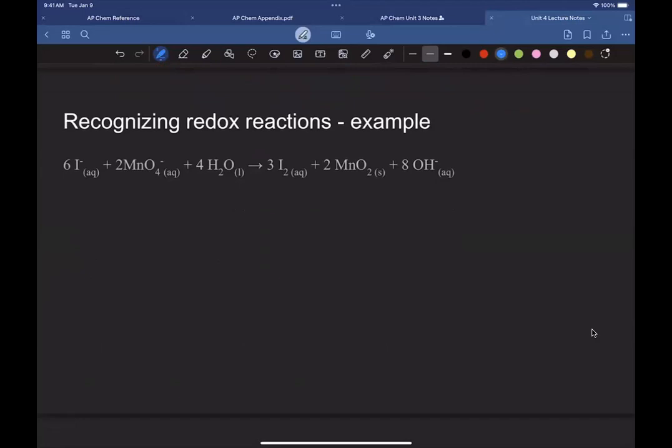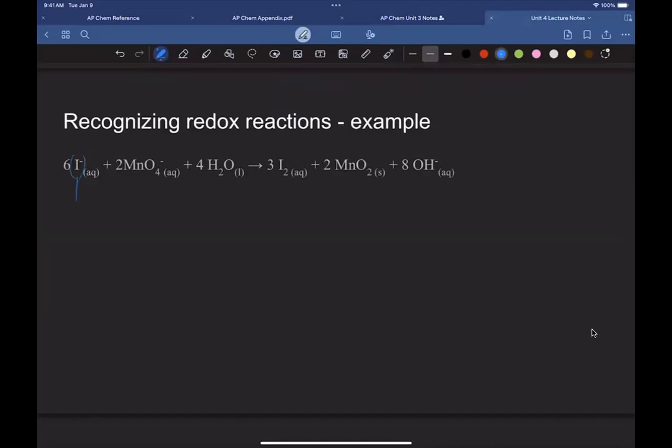Here we have 6 I minus. Now remember, this 6 is saying we have 6 I minus ions. It's not that there are 6 I and in total they have a -1 charge. It's saying each I is -1 charged and there are 6 of them.